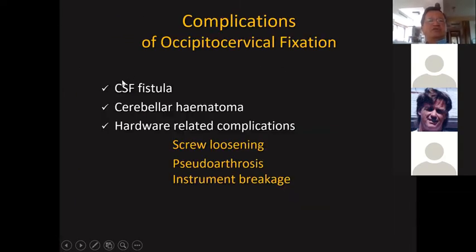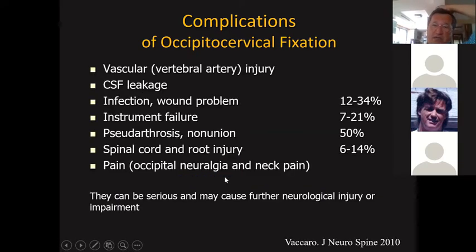What are the complications? CSF fistula may happen, cerebellar hematoma, and hardware-related complications. Screw loosening, pseudoarthrosis, and instrument breakage is very common. And the most important thing is that the patient, after an occipitocervical fixation, has difficulty rotating his or her head in all directions.